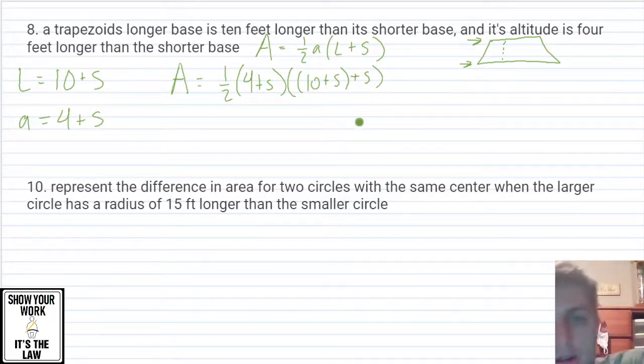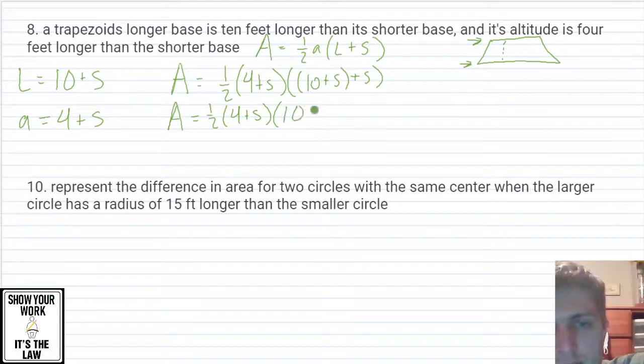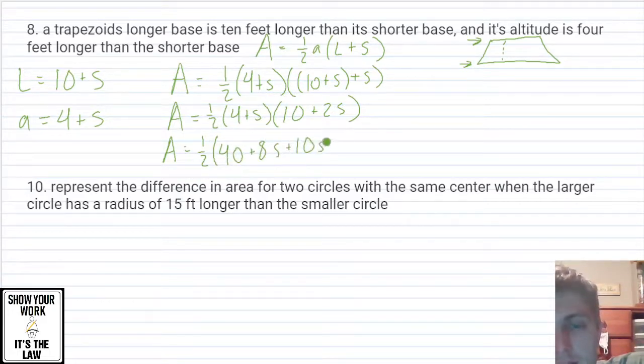And we can go ahead and simplify everything. A equals 1/2 times (4 plus s) times (10 plus 2s). And then if you wanted to FOIL everything out, you could do that. Let's go ahead. 4 times 10 is 40, 4 times 2s is 8s, s times 10 is 10s, and then s times 2s is 2s squared.